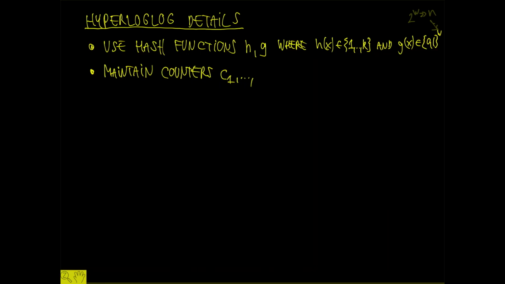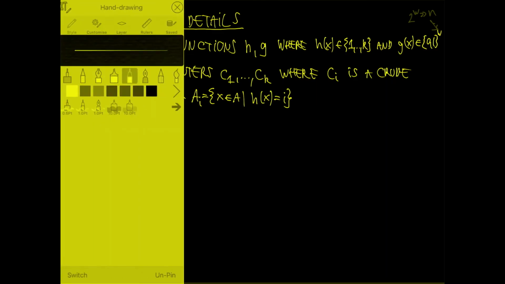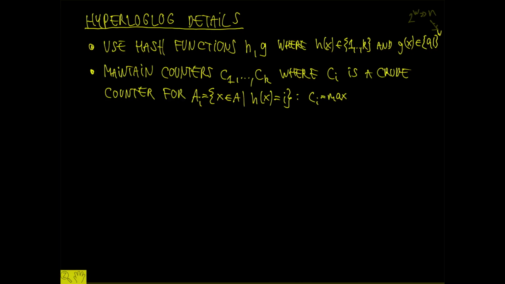The sketch consists of an array of k counters, where the ith counter can be used to form a crude estimate for the set A_i of those elements in A that hash to i under h. Specifically, C_i is simply the maximum of the number of leading zeros of g(x) over all elements x in A_i, that hash to i under h.